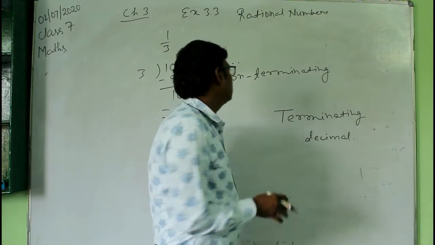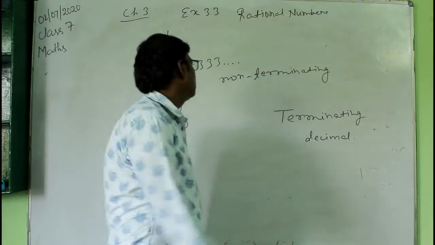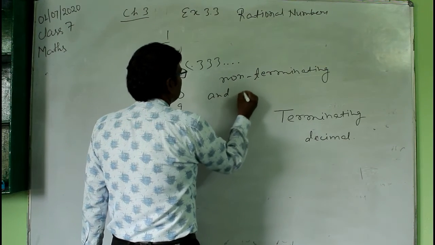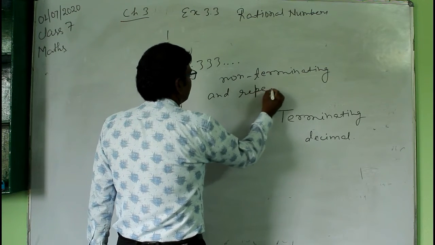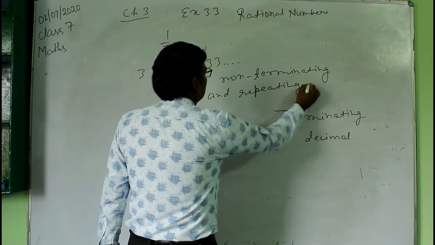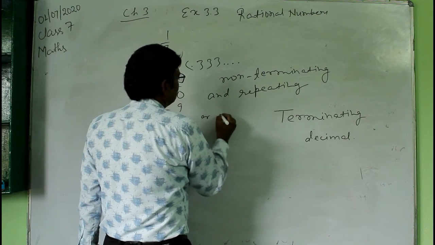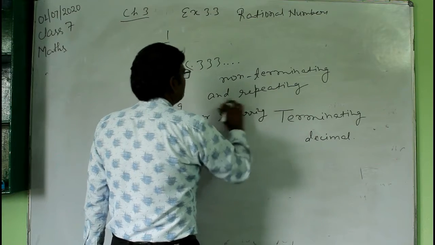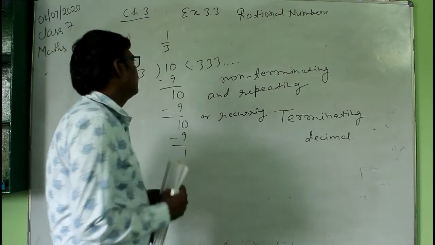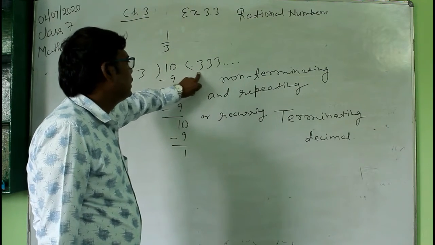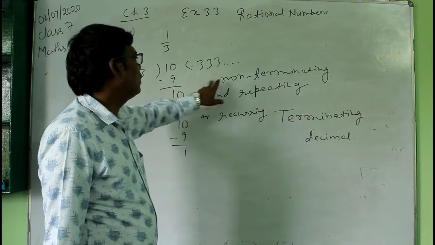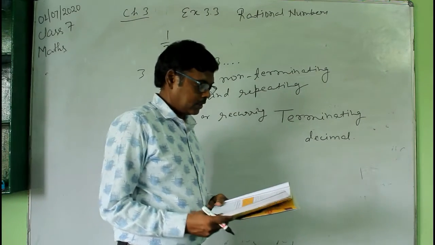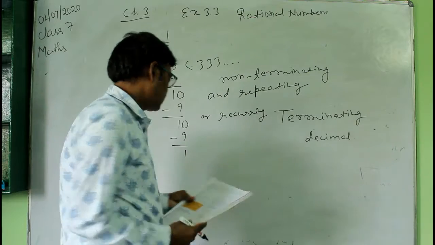So this is called non-terminating and repeating, or you can say recurring. This number is called a non-terminating and repeating, or non-terminating and recurring decimal. This is the name of this type of decimal.